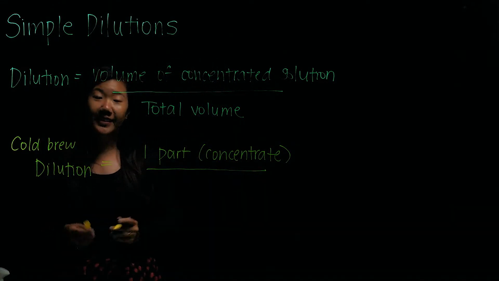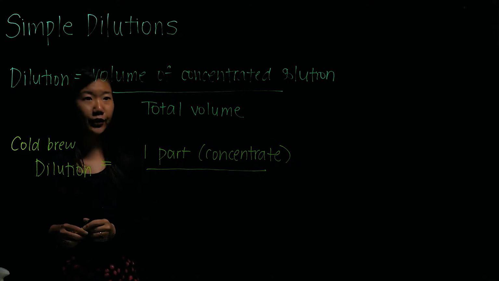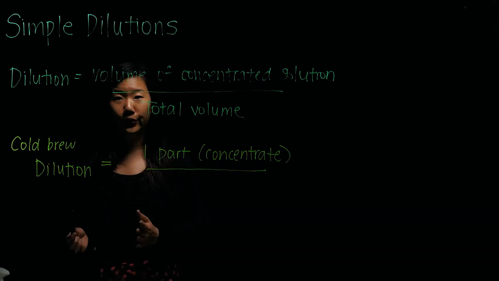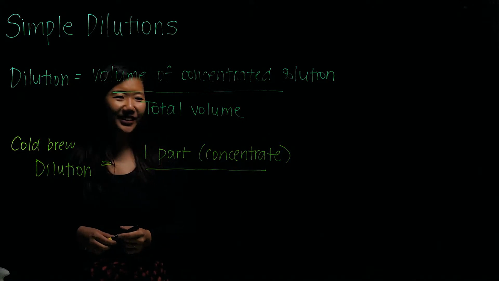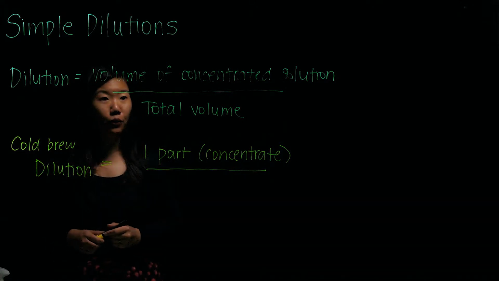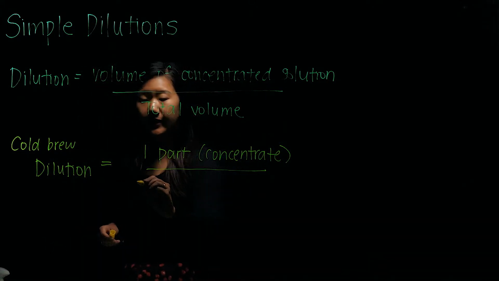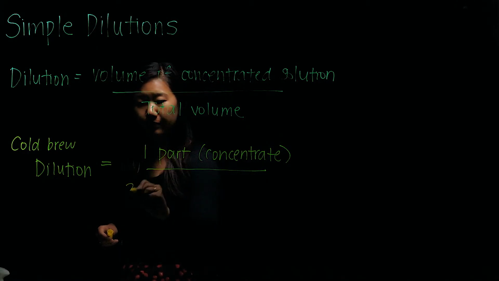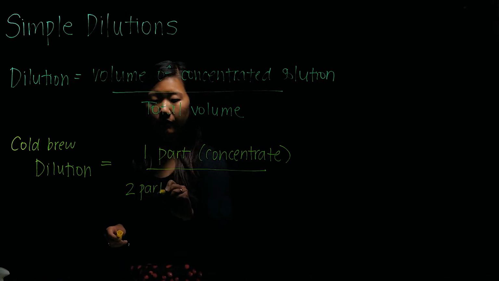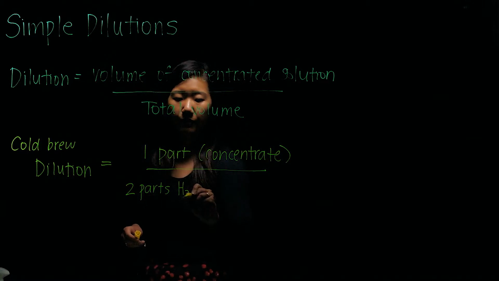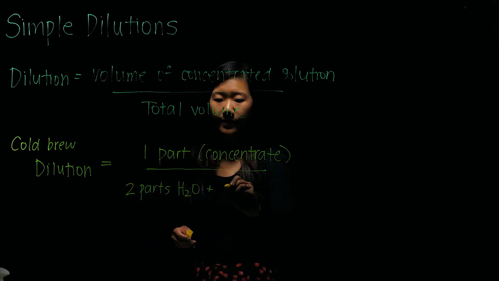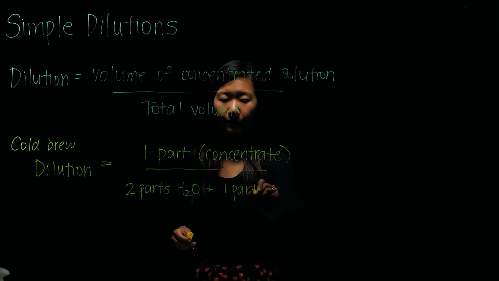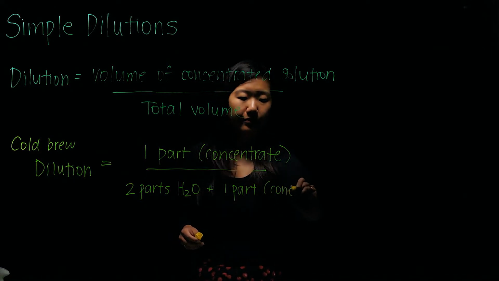We should keep in mind that in this case, the total volume is going to be made up of the cold brew concentrate and the thing that you mixed to make it drinkable. So for example, water. Let's say we add 2 parts water. The total volume is going to be that plus the 1 part of the concentrate.